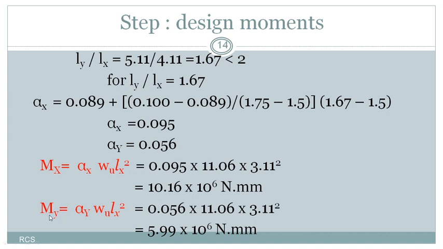Similarly, for the y direction, we substitute alpha y, W and Lx square. Alpha y is 0.056 multiplied by the factored load 11.06 and Lx 3.11 squared. You will get 5.99 times 10 power 6 Newton-mm.